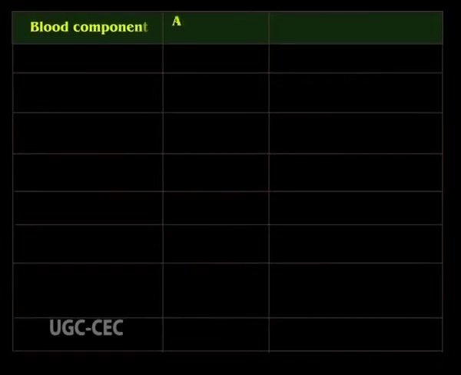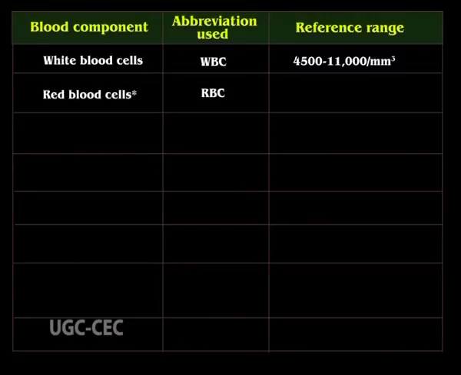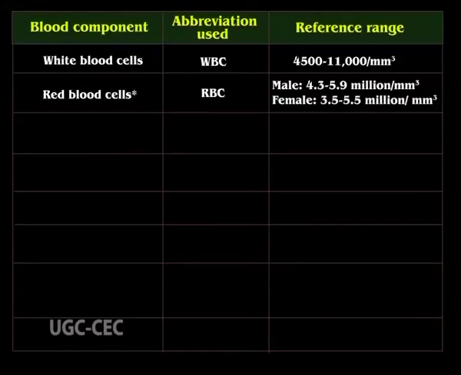Blood components, abbreviation used, reference range. White blood cells, WBC, 4500 to 11,000 per mm cube. Red blood cells, RBC, male 4.3 to 5.9 million per mm cube, female 3.5 to 5.5 million per mm cube.